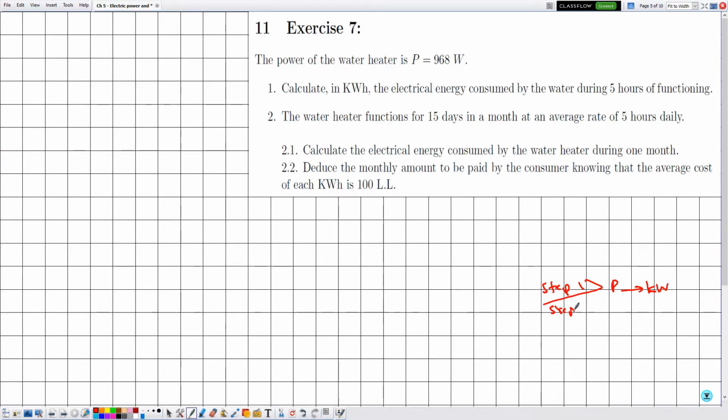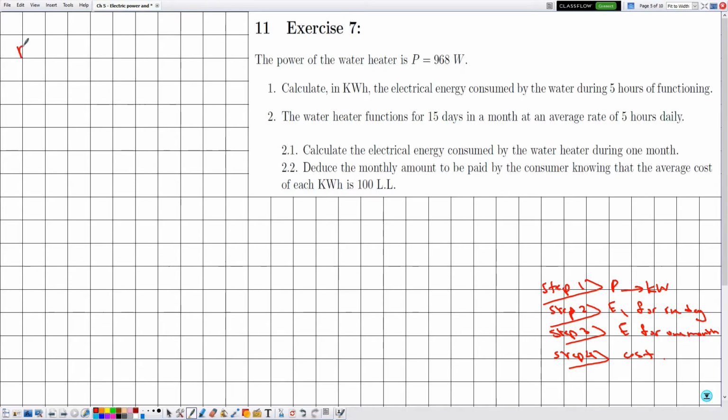Step number 2 is to determine the electric energy for 1 day. Step number 3 is to determine E for 1 month. Step number 4 is to determine the monthly cost.